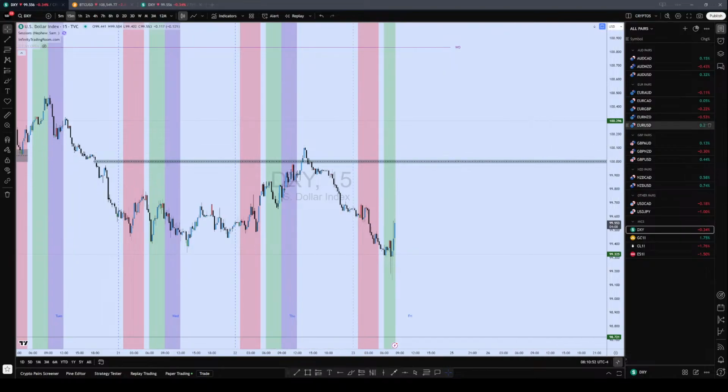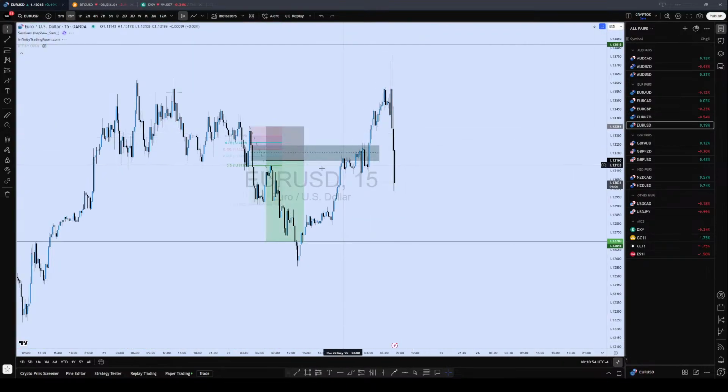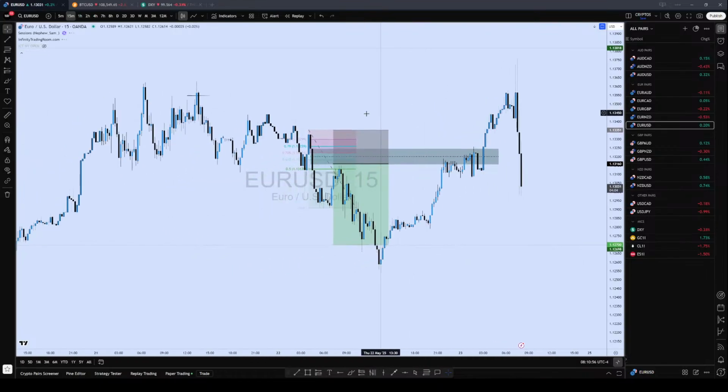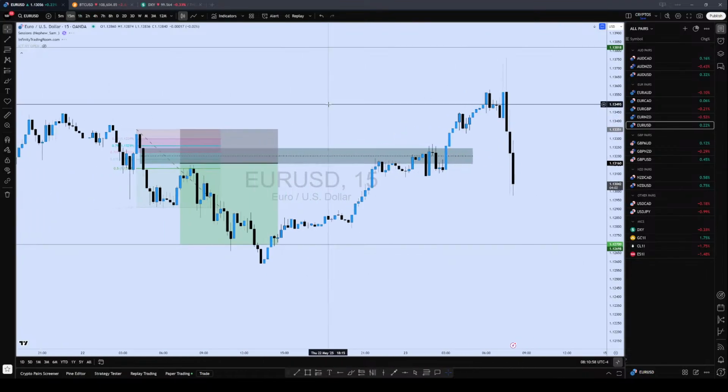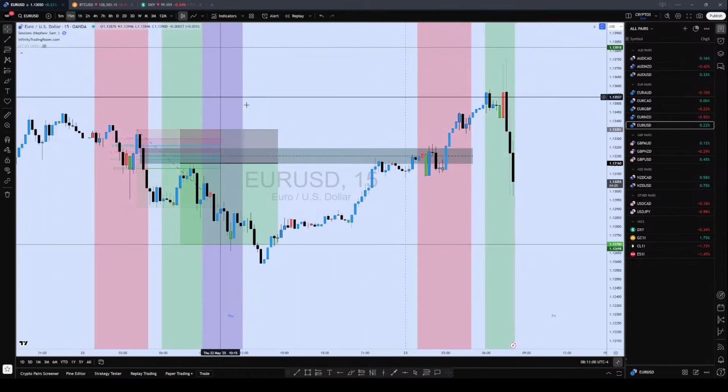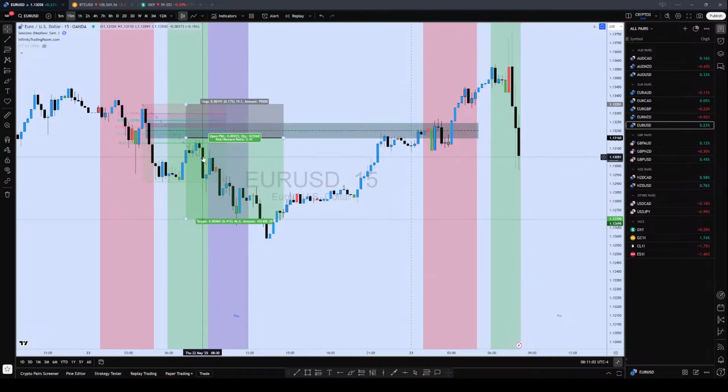On euro, that actually happened right here. Price rejected that area and then created a gap over here, pulled back to it, and then went down, created an order block here, and then it went down.